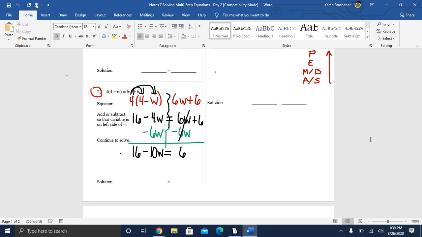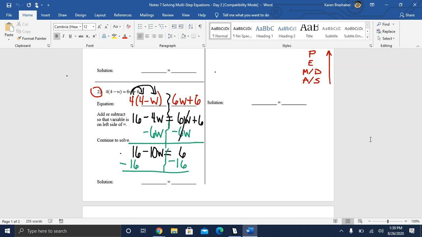So we have this 16 that does not have a w with it. We'll need to make that cancel out. So I'll subtract 16 from both sides of the equal sign.